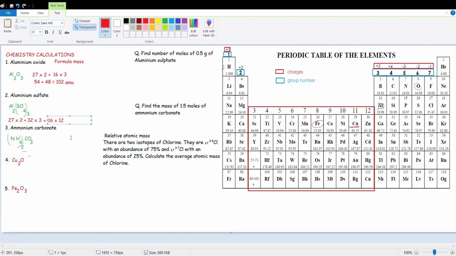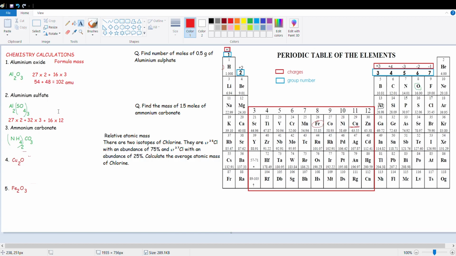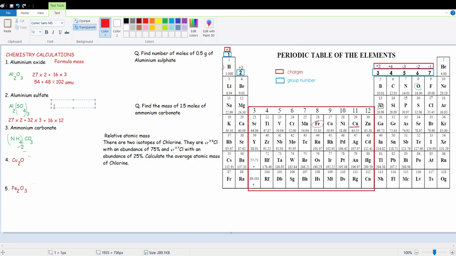So that's the calculation. You have to make sure you add and multiply things together. 27 times 2 is 54, plus 32 times 3 is 96, and then plus 16 times 12. I think I have to use my calculator. It says 16 times 12 is equal to 192.